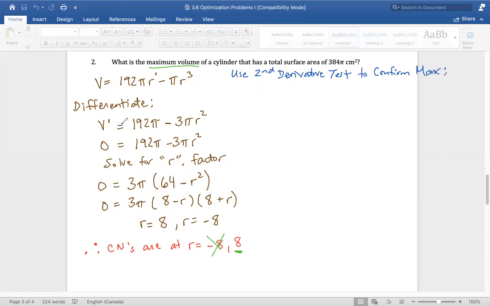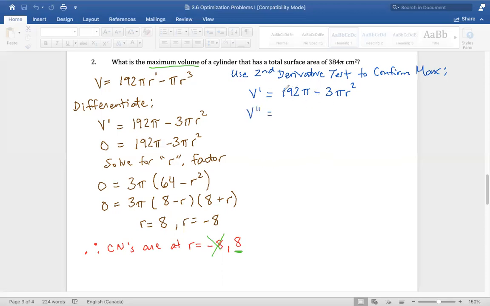So where's my first derivative? 192 pi. You don't really have to write it out again, depending on where it is on your page though. If I'm going to go look for it to compare that with your second derivative, because let's say you made a mistake there and from there you did the second derivative properly, it might be a little bit hard for me to see how you got that second derivative if the first derivative isn't right above it. So just for your own good, especially for mistakes.